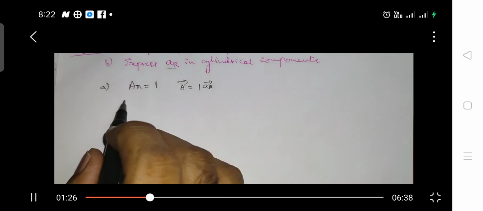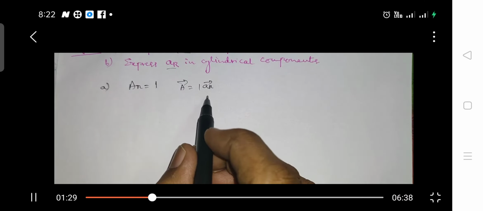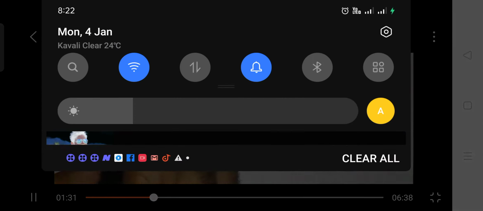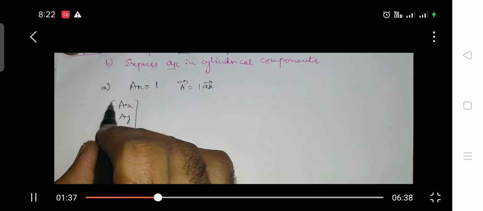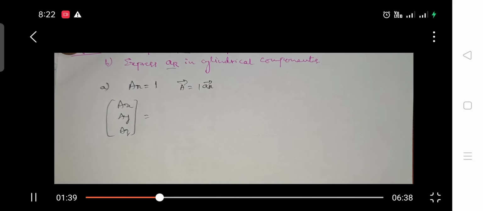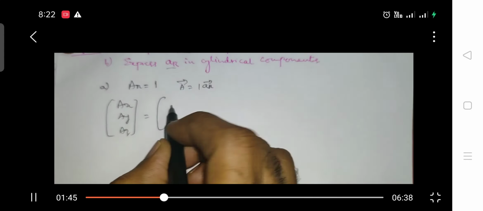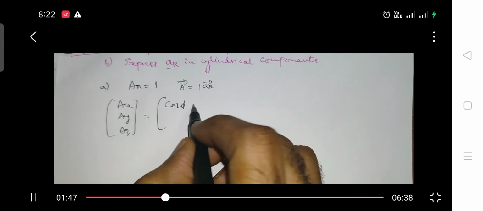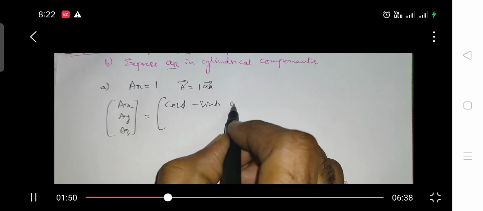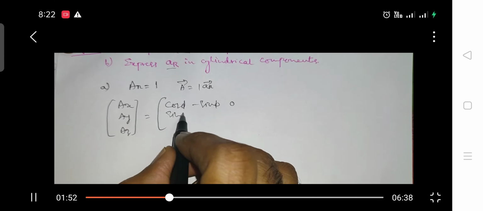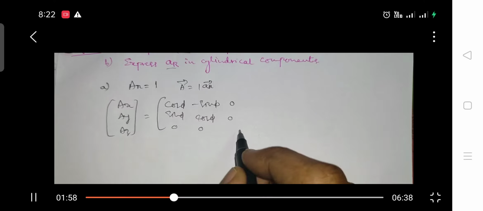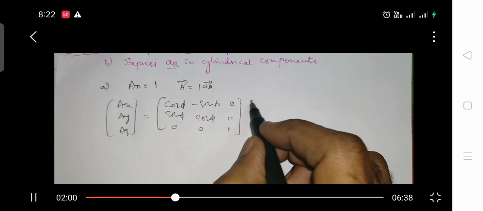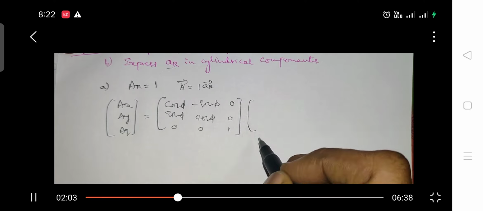Now first of all we have to convert this into the rectangular or Cartesian coordinate system, and the transformation matrix for AX, AY, AZ from cylindrical coordinates is this: cos phi, minus sin phi, 0; sin phi, cos phi, 0; 0, 0, 1, multiplied by AR, A phi and AZ.